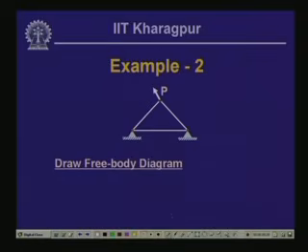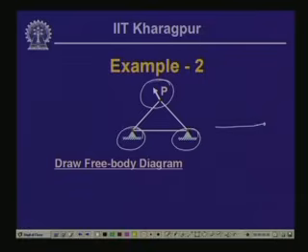Also, if we like to draw the free body diagram for this particular structural form, which consists of bars subjected to this load P, then as we have done, we make this structural form free from the supports, and thereby we get the reactive forces.